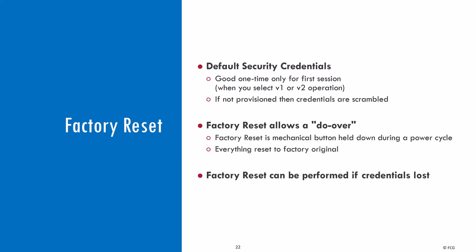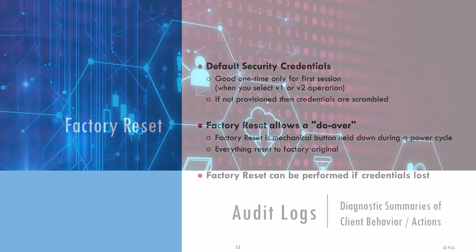This will cause everything to be set back to the factory original conditions. This allows you to start over with your provisioning and get your device back online. It's an important element that allows you to recover in case something bad happens.